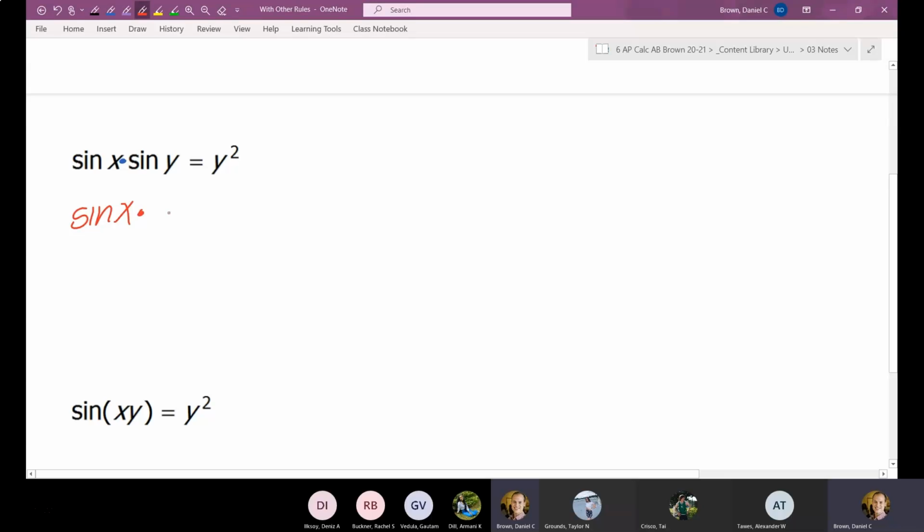The derivative of sine is cosine. This had a y in it. I wish it was an x. Plus the second times the derivative of the first, and that's equal to another implicit differentiation, 2y dy/dx.